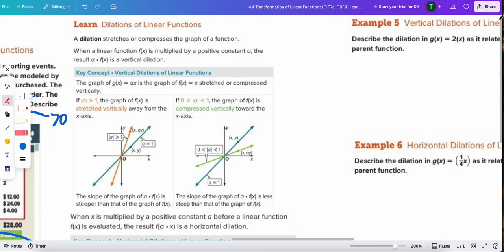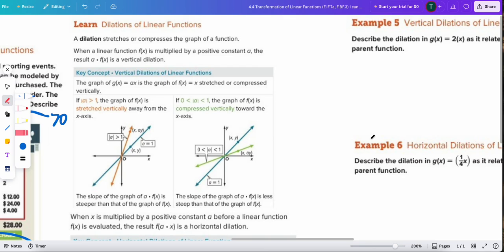If our absolute value of a is more than 1, then it is going to be a vertical stretch away from the x-axis. If it's between 0 and 1, it is going to be compressed or shrunk vertically towards the x-axis. So it shows the brown line was going away, and it shows the green line is going towards.